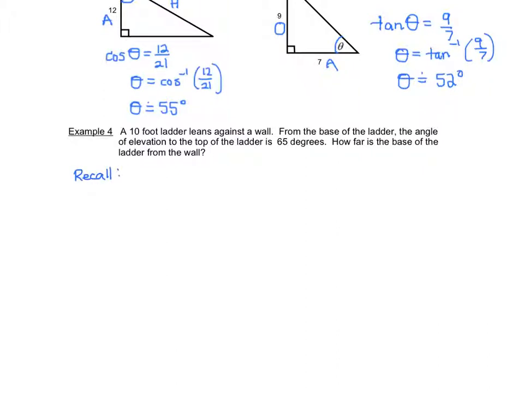So recall that if this horizontal line were my line of sight, it's not necessarily always the ground. Sometimes it's like from an airplane or from the base of a tower or whatever. So wherever that line of sight is, this angle above is the angle of elevation.